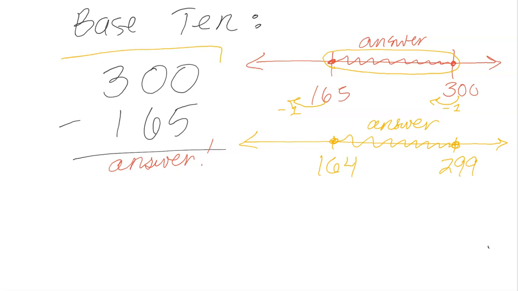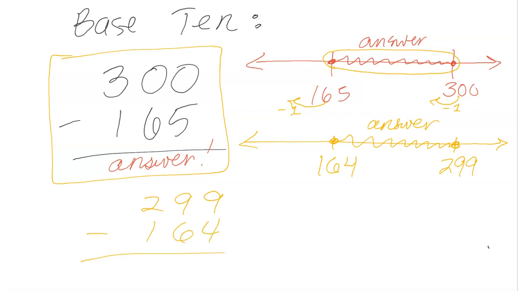So that is also the same answer to your problem, right? So instead of thinking 300 minus 165, we can now think of it as 299 minus 164. Then we don't need to go and regroup anymore. 9 minus 4 is 5. 9 minus 6 is 3.